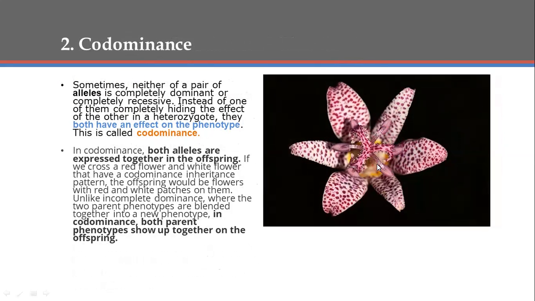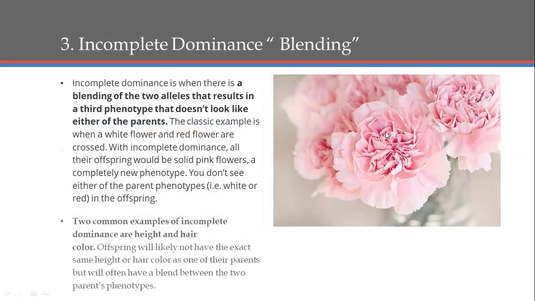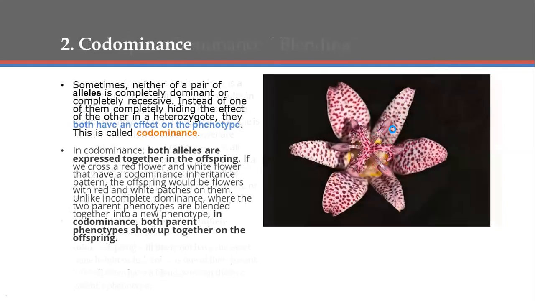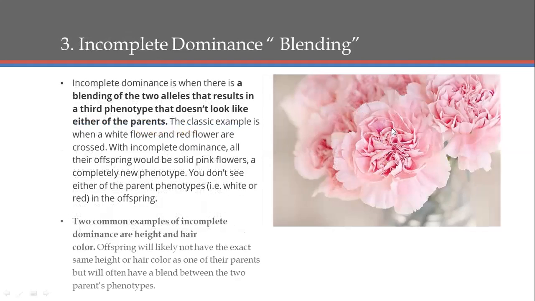One of the parents was white and the other was pink. It gives me an offspring with a white flower spotted with pink. But in this case, it gives me pink, all of it pink, not spotted. This is the difference between codominance and incomplete dominance.